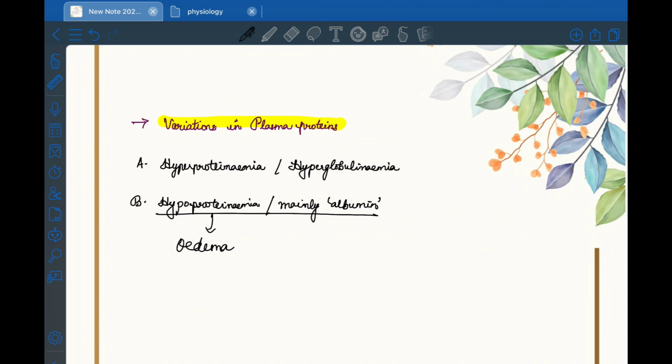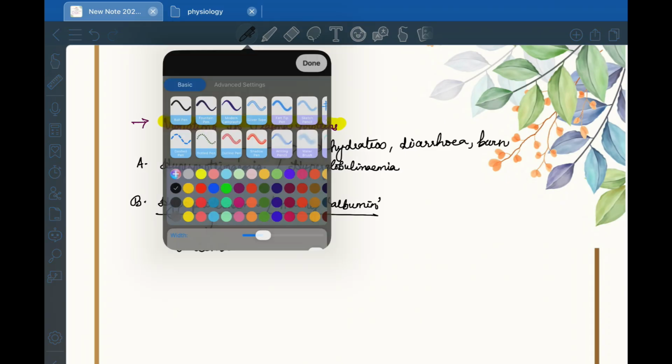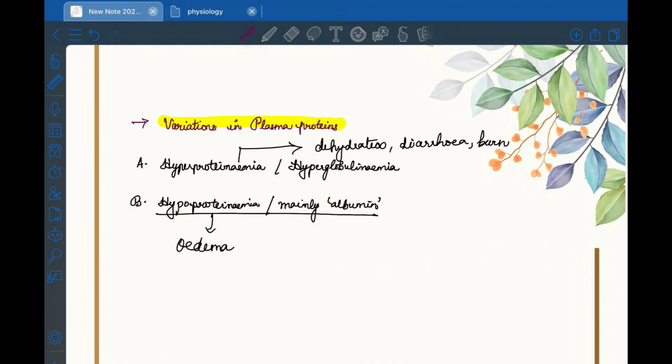Hyperproteinemia is due to hemoconcentration. Mainly this hyperproteinemia can occur because of dehydration, as well as diarrhea and burns. If you look at these three, it is very well understood that these are the areas wherein we lose water and electrolytes from the body.